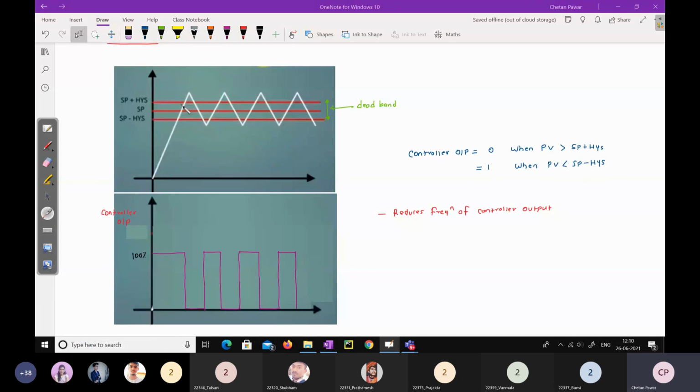After set point plus hysteresis, it will go to 0%. But for the levels between SP plus hysteresis and SP minus hysteresis, the output will not change. The output will change only when the process value is less than SP minus hysteresis. Between these levels, the output will not change.